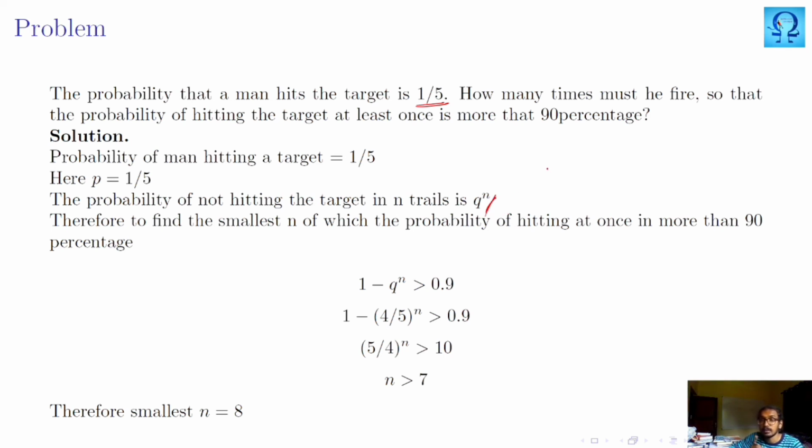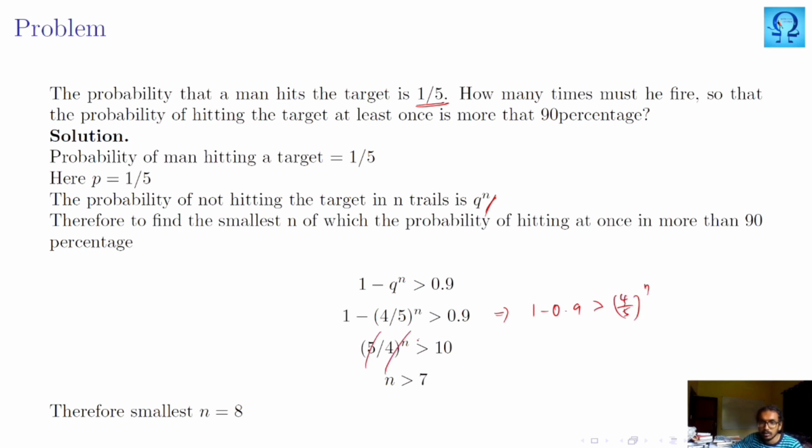But he has done at least one, so 1 minus this quantity should be greater than 0.9. We just perform some calculation and see what is happening, and we get some value of n. I'm not very sure whether this calculation is right or not. So from this, 1 minus 0.9 is greater than (4 upon 5) to the power n.